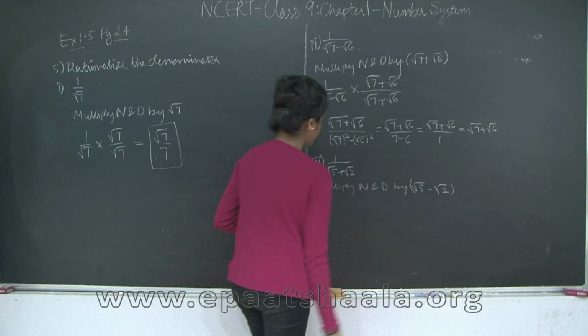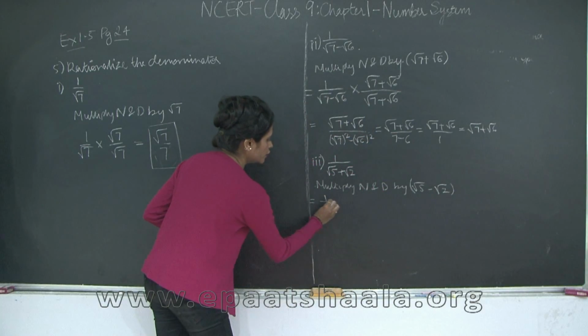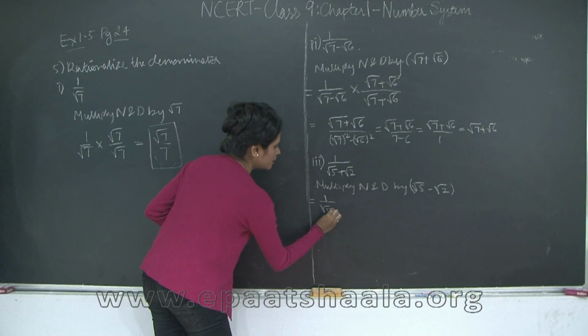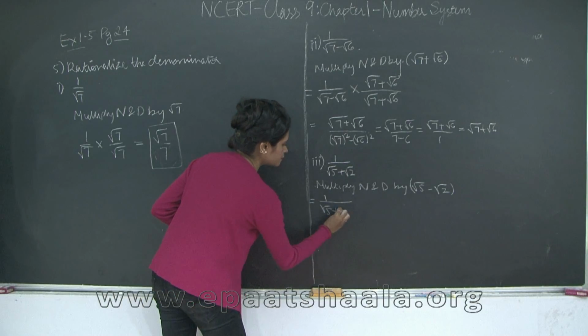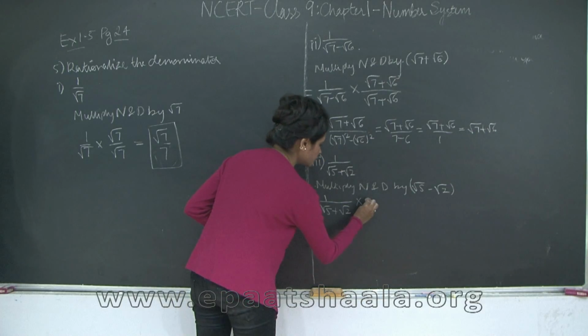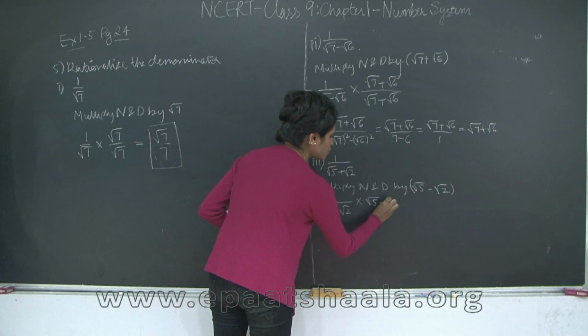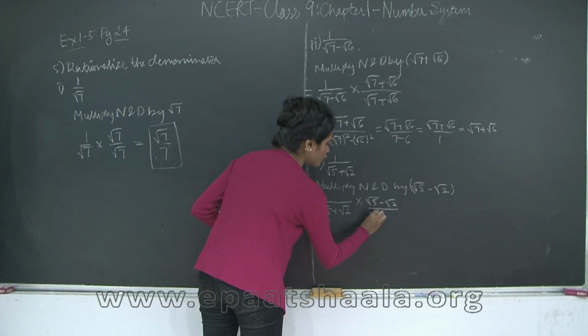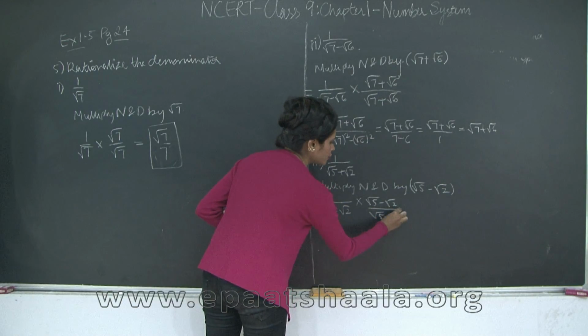What do I get? I get this equal to 1 upon root of 5 plus root of 2 into root of 5 minus root of 2 upon root of 5 minus root of 2.